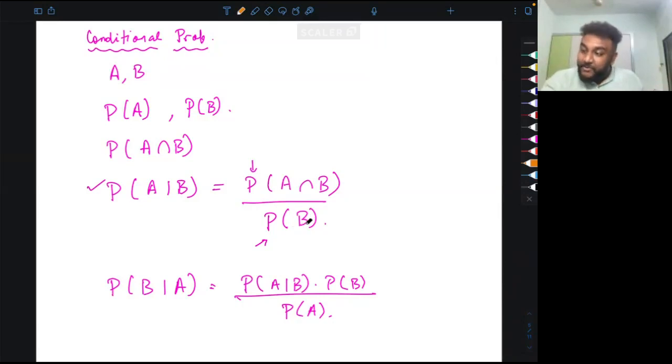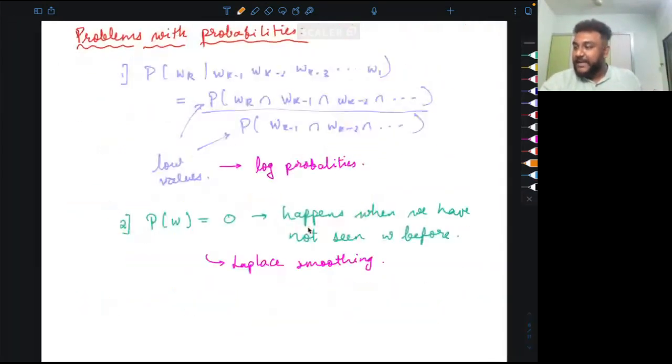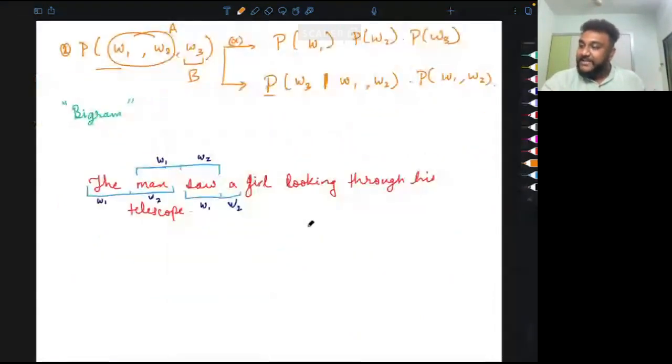I'm sending that to the other side, and that gives me P of W1, W2 in one part and P of W3 given W1, W2 in the other part. So this way of breaking it down is actually a trigram, guys. I'm really sorry, this is an example of a trigram, not a bigram.